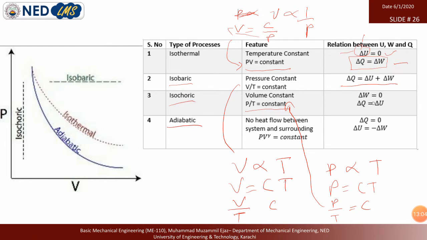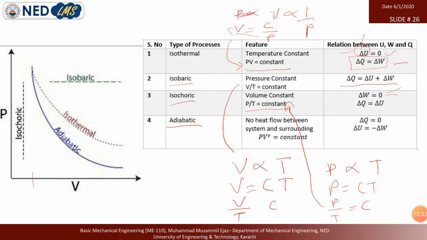In isochoric process, work done is 0, because there is no change in the volume. So when the volume is not changing, how can you convert energy into work when we are not displacing the piston? So the work value will be 0.